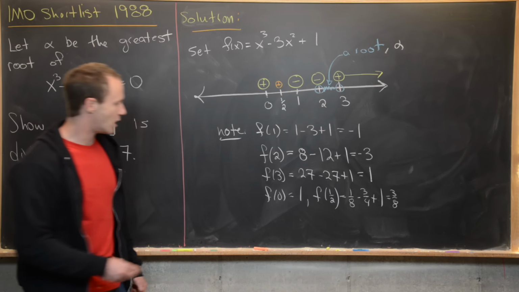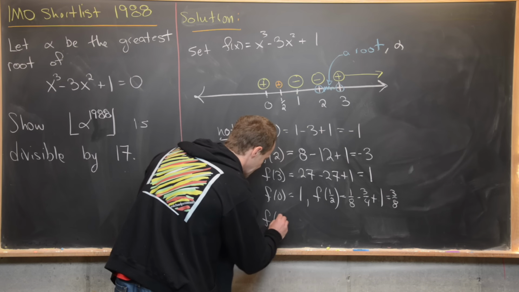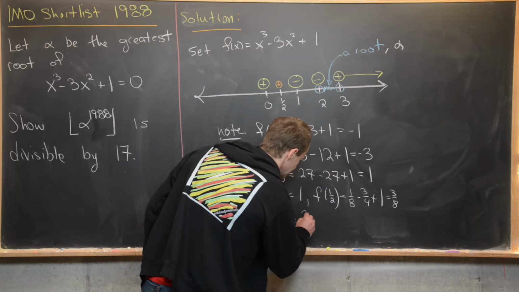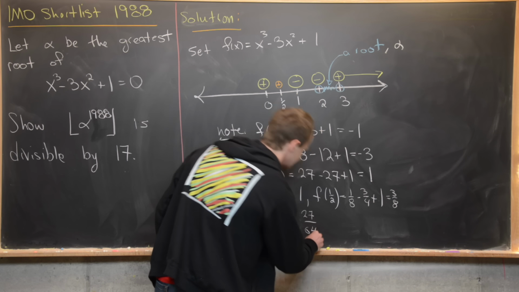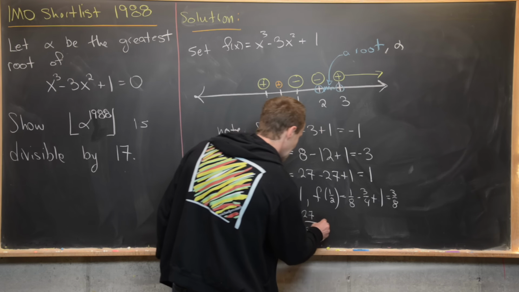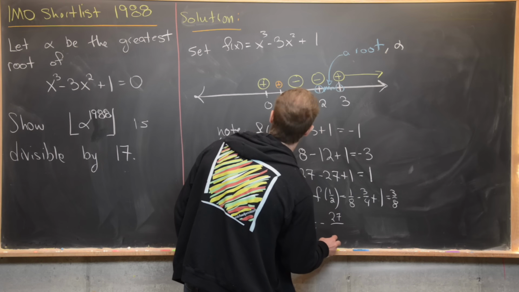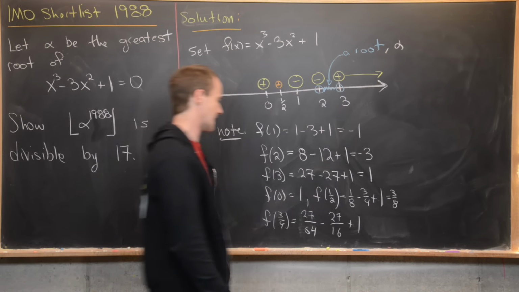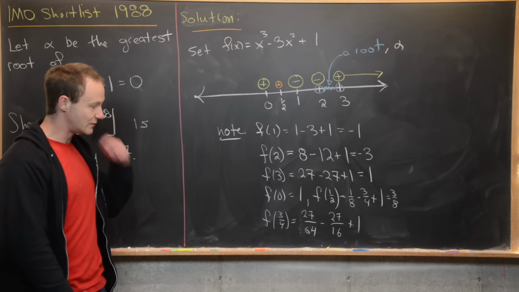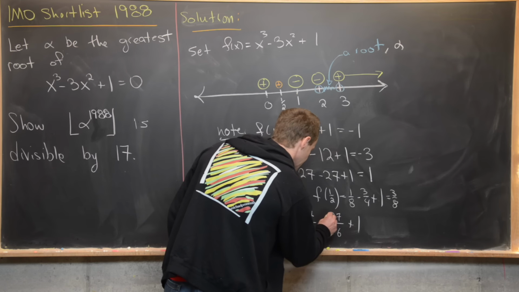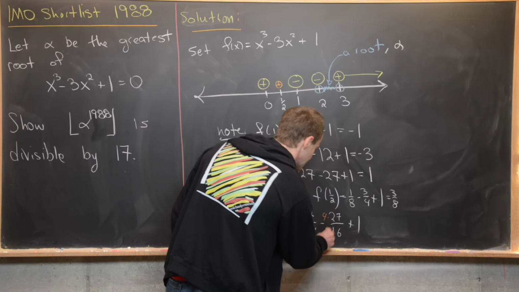So let's maybe go one more and notice if we plug in f of 3/4, what are we going to get? So we're going to get 27 over 64. So that's 3 cubed over 4 cubed minus 27 over 16 plus 1. Okay, so let's see what that simplifies to. We can give this a common denominator by multiplying this by 4 and this by 4.